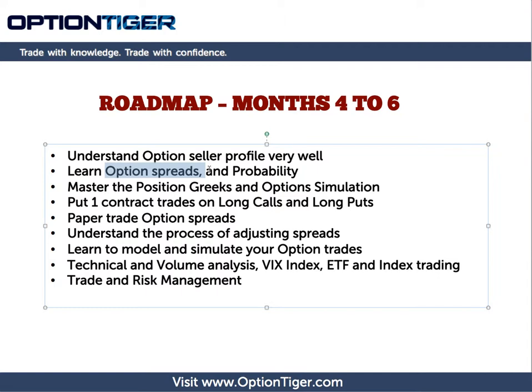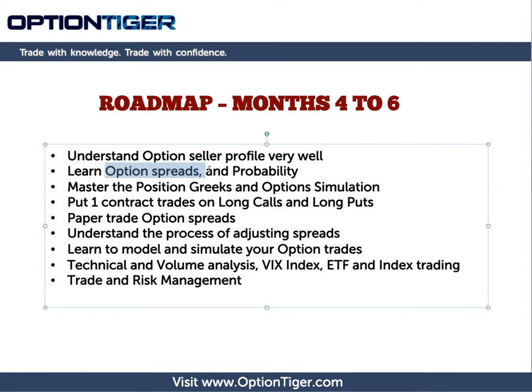During months 4 to 6, you're also going to have to master what we call position Greeks. In the previous roadmap, you learned about what the Greeks were, but from a theoretical standpoint. Now you're going to look at it on a trading platform and see how all these Greeks work.